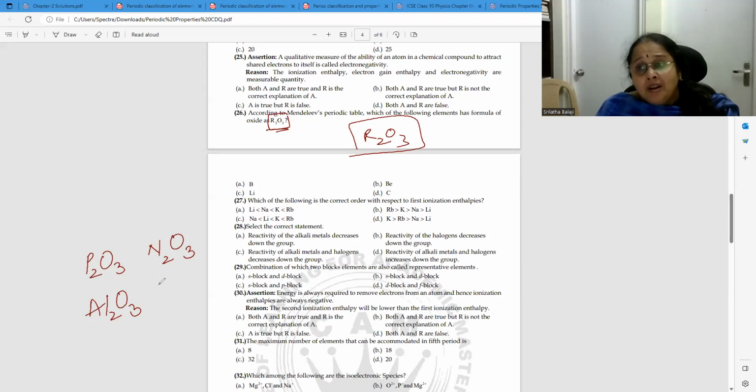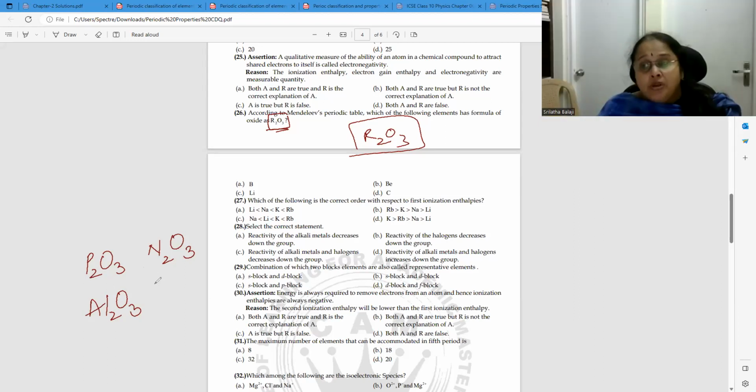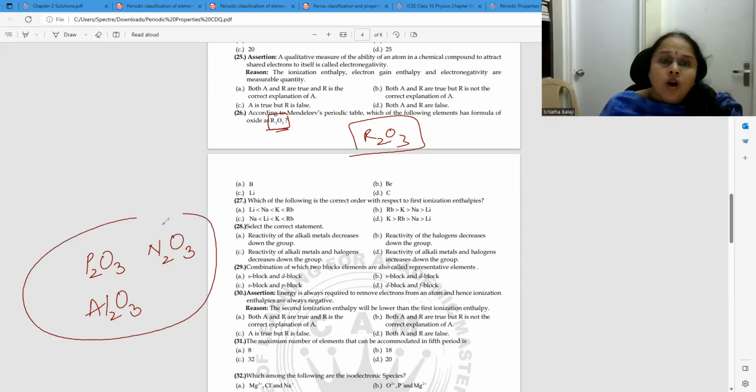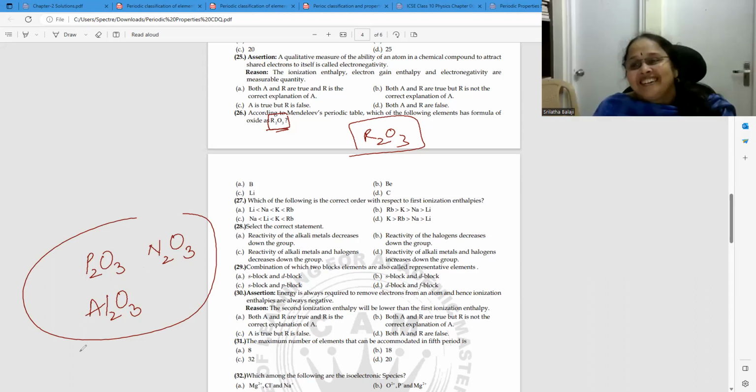Can you get that now? Yes, ma'am. So try to dig out any other information. What is common in all these formulae? Oxygen. Okay.